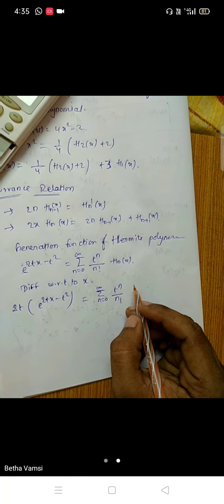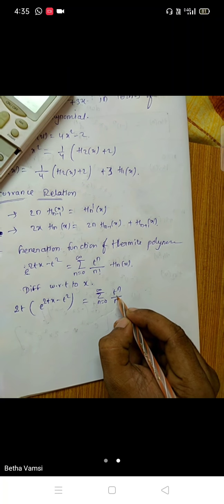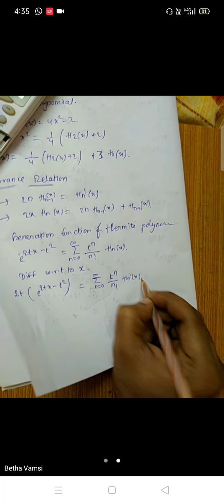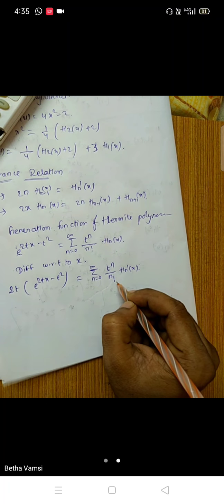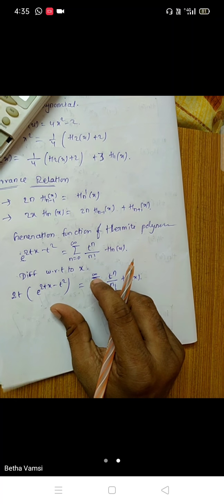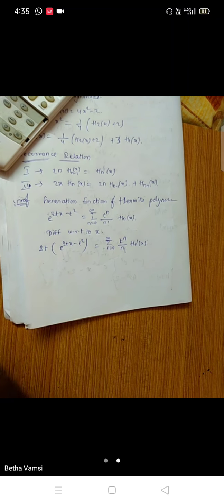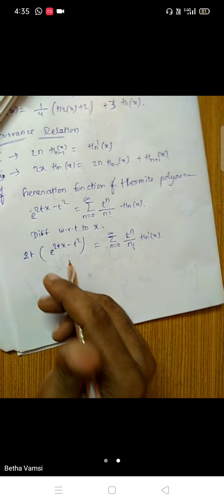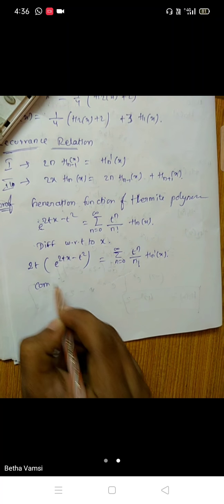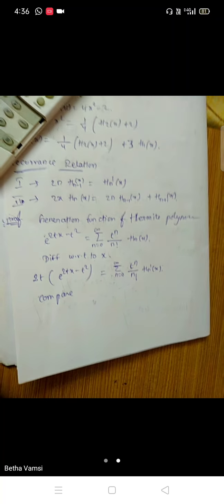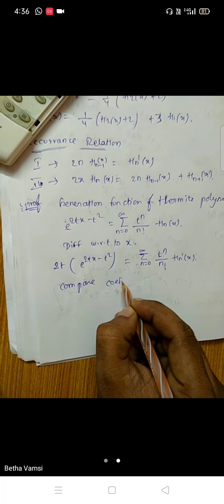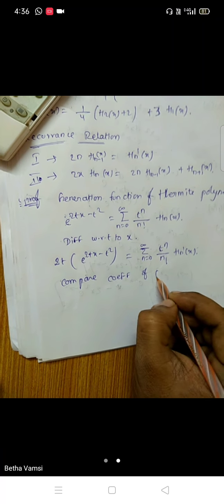t power n H prime of x. Okay. So compare the coefficients of t power n.